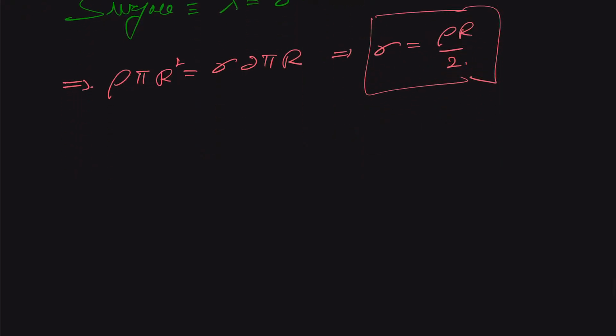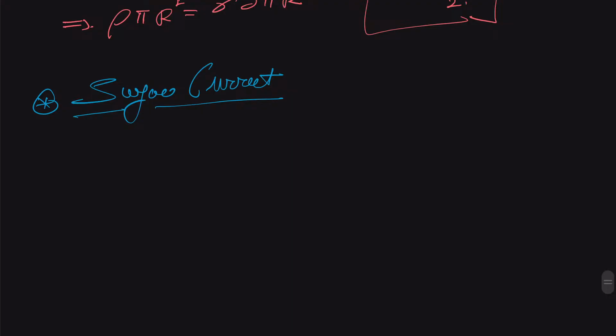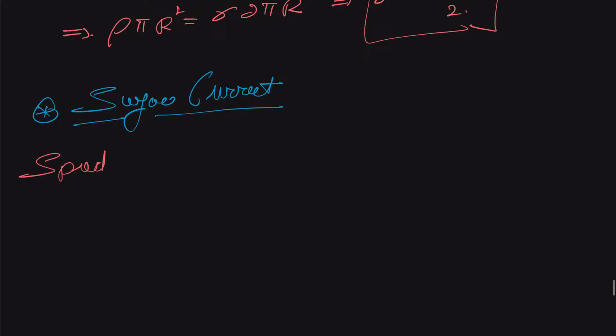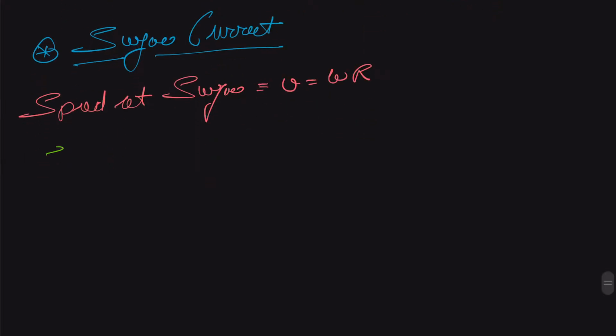Now we come to our surface current. We know that it is rotating with the speed of omega, so the speed at the surface, v, will be equal to omega times R. And the surface current density, let us suppose that is K, will be equal to the surface charge density multiplied by the speed.